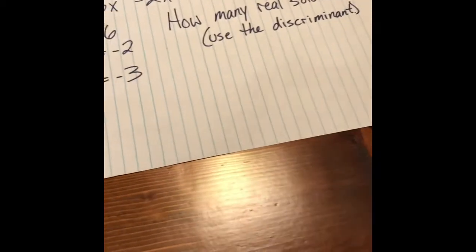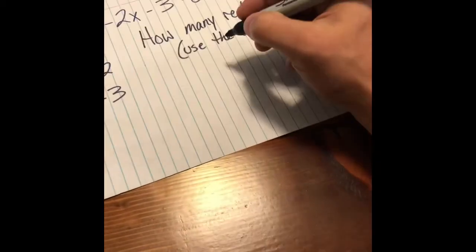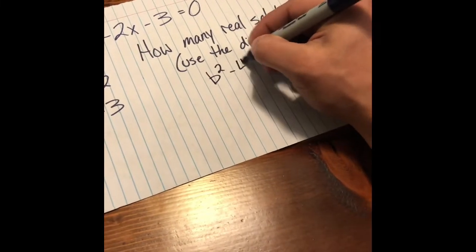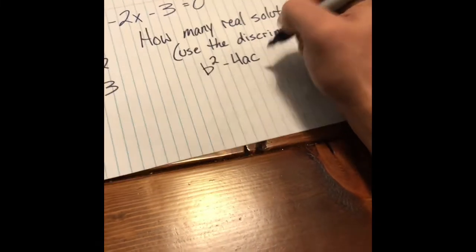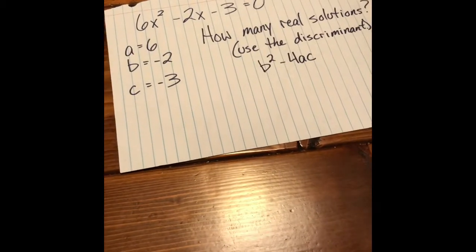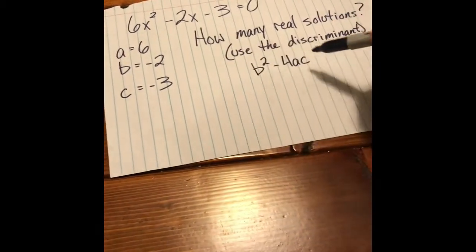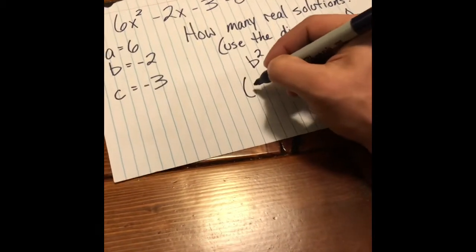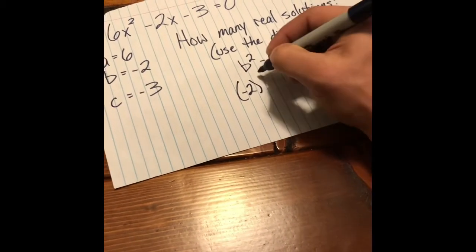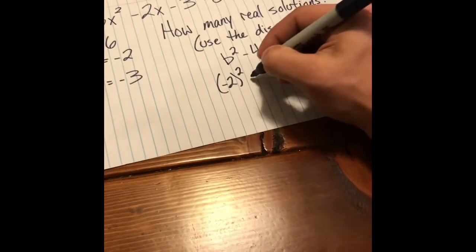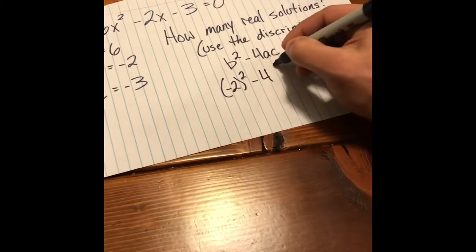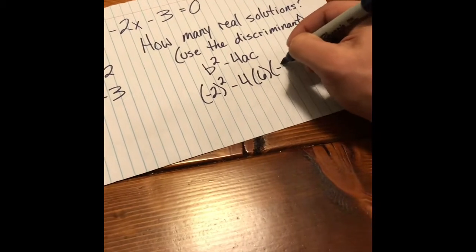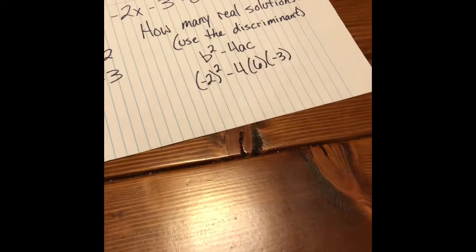I gave you a little hint. Use the discriminant. So I'm going to rewrite what the discriminant is and remind you. It is b squared minus 4 times ac. So we're going to plug in our a, b, and c into this short little formula. I'm going to use parentheses to protect my numbers. So that's negative 2 squared minus 4 times a, which is 6, times c, which is negative 3.